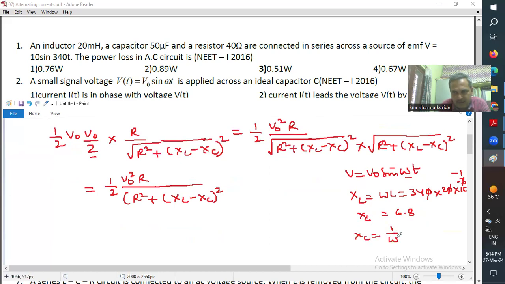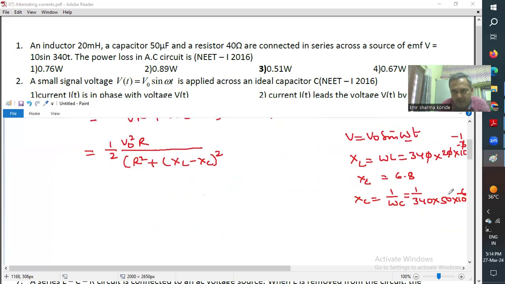Similarly, let us also find out XC. XC is 1 by omega C. Omega is once again 340, so 1 by 340. C is 50 micro, so 50 into 10 to the power of minus 6. If you cancel these two zeros, this will be minus 4. If you take minus 4 up, it will be 10,000 divided by 34 into 5.